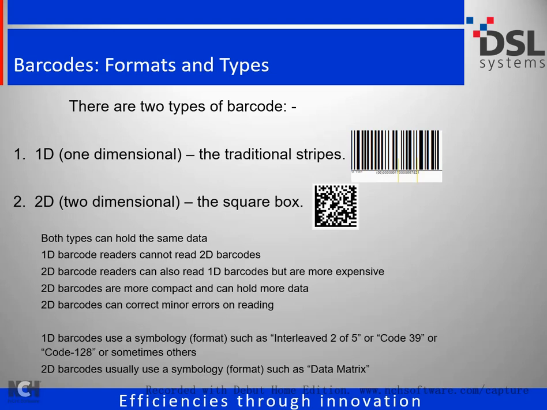So 1D barcodes use a symbology format such as interleave 205, code 39, code 128, and similar. And 2D barcodes, in our industry, we normally use something called data matrix.